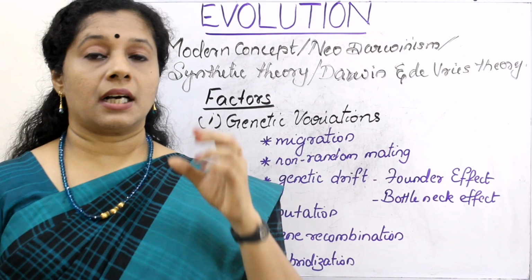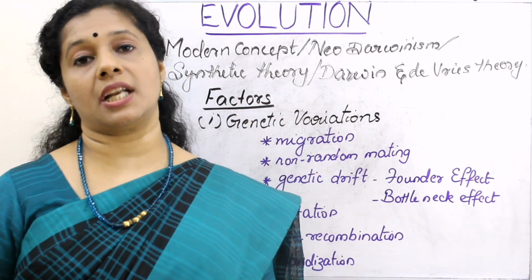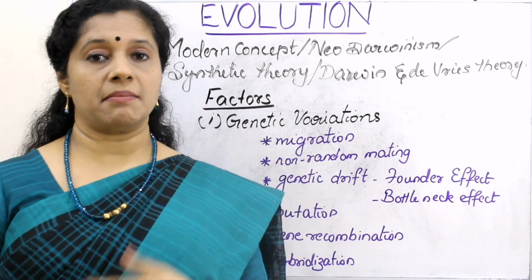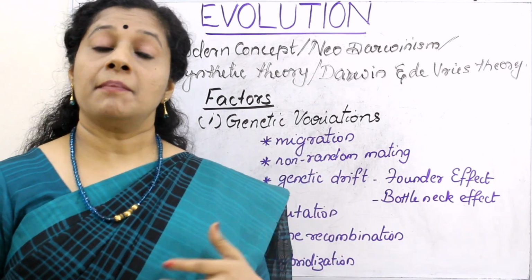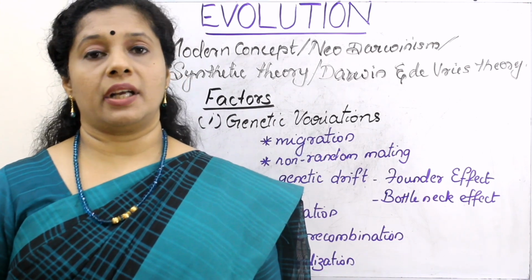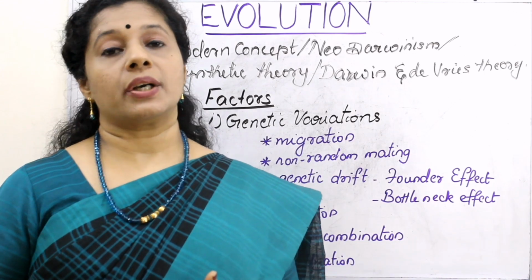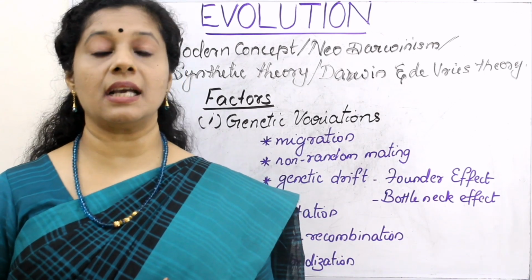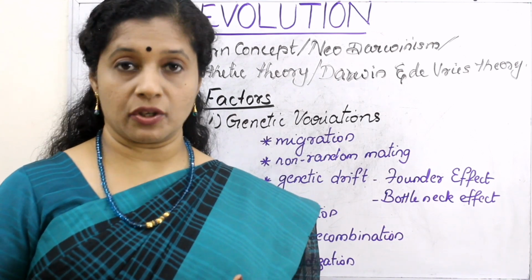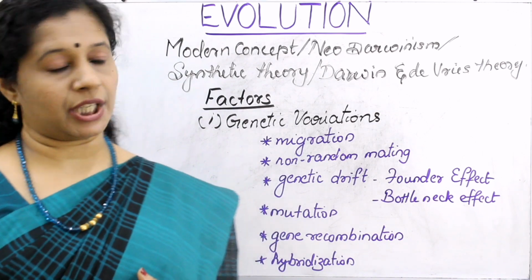A chromosome has many genes, so the gene sequence itself is changing in a chromosome. Some part can be missing or some part can be extra, or there can be euploidy, aneuploidy. All these in detail, you can refer to in that video. Okay, so mutation ultimately leads to change in the gene frequency, thereby leading to the formation of new species, and that is also a driving force behind evolution.